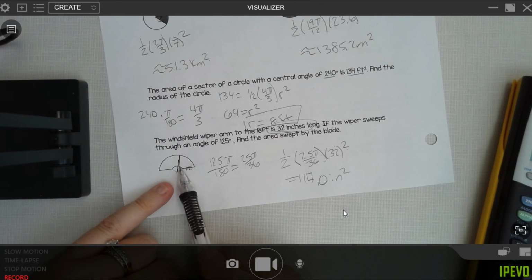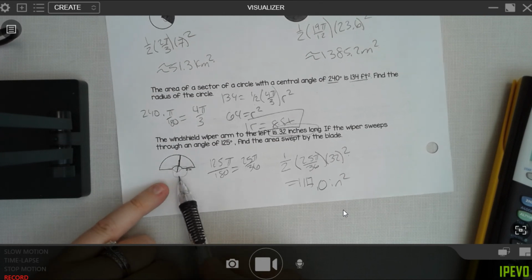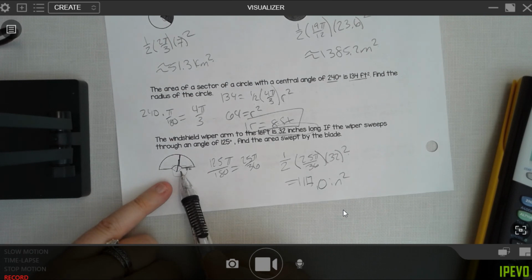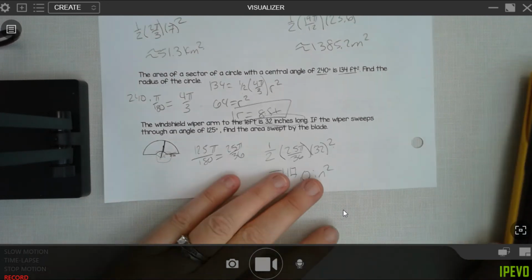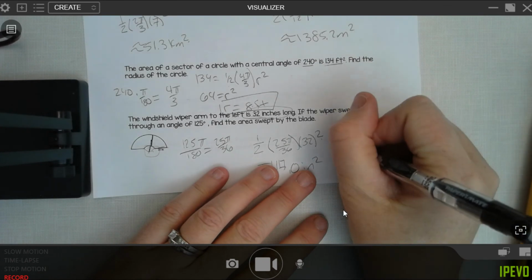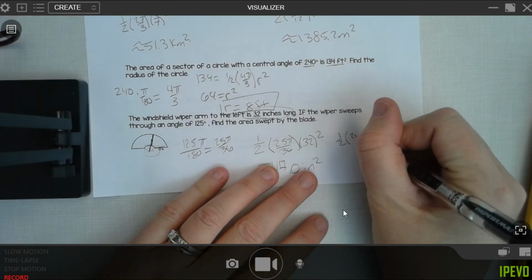So what's happening is that the blade right here is not swiping the entire thing. So there's 11 inches that won't actually get swiped on the windshield up here, it's saying. So that's what this picture is. So then I'm going to have to figure out what that area is that's not actually getting swept.